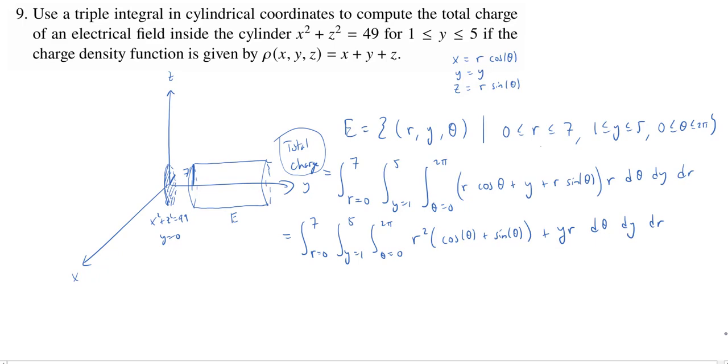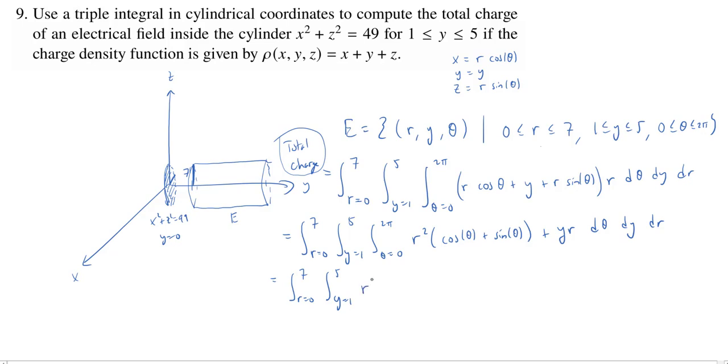All right, so there's really two pieces here. We can handle them individually. The r squared is just going to be a constant with respect to theta and frankly with respect to y, but we'll handle that when we get to it. When we integrate cosine theta plus sine theta, you're going to end up with a sine theta minus a cosine theta.